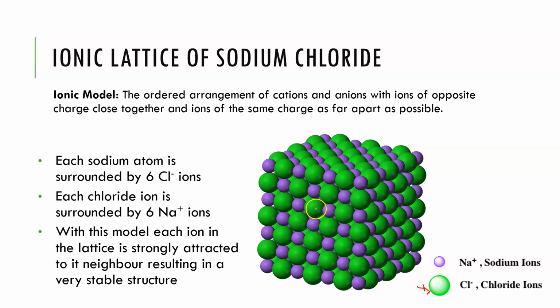This is on the surface here, and we can see we've got 1, 2, 3, 4, and then within this, if it came out, there would be another one sitting at the front here and another one behind. So they're surrounded by 6 chloride ions, and each chloride is surrounded by 6 sodium. This means that strong electrostatic attraction of positive and negative charge is consistently maintained throughout the entire lattice. Everyone is strongly attracted to its neighbor.